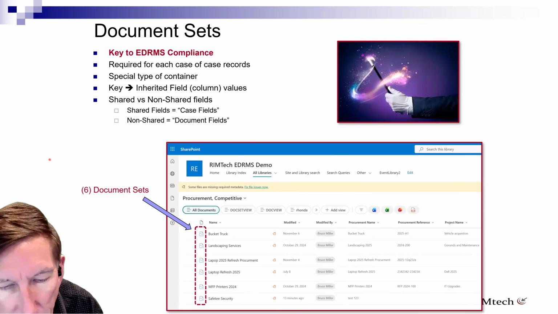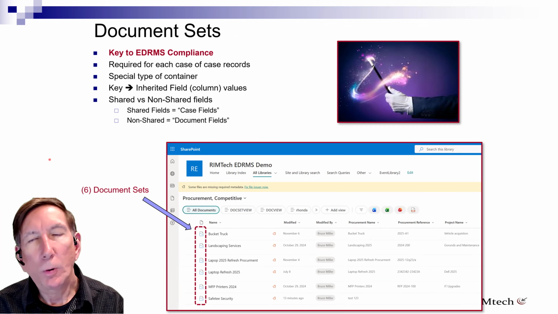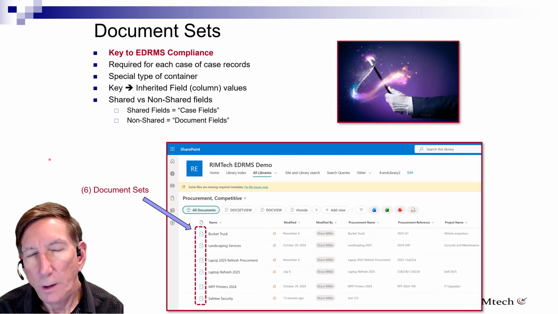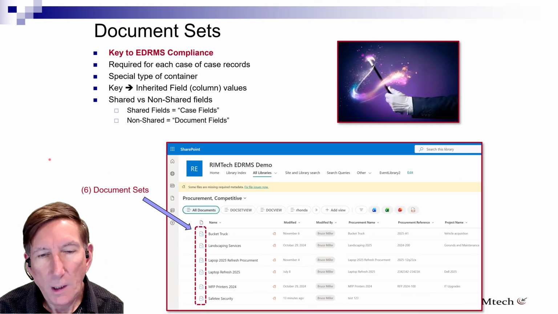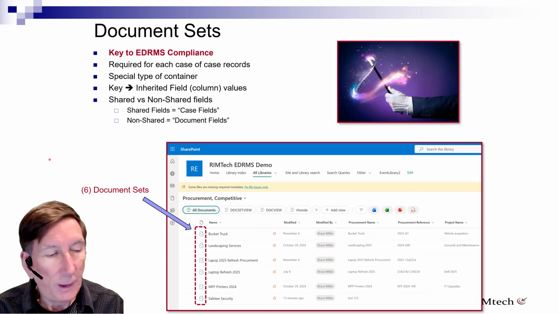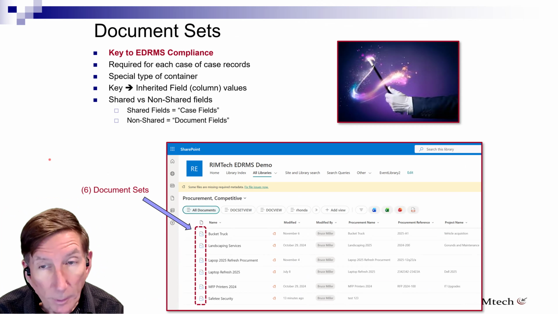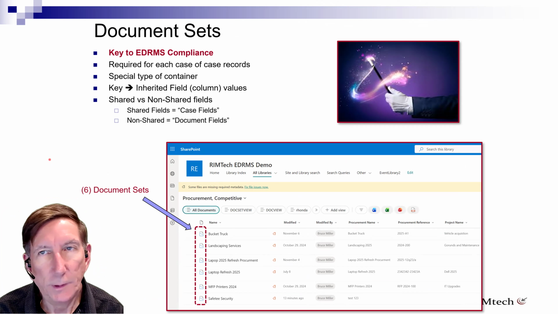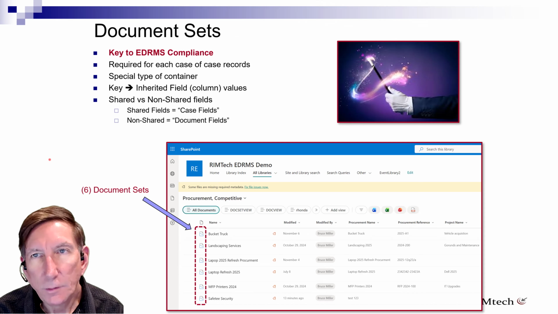Now, one of the most important aspects of SharePoint for EDRMS is an artifact called document sets. You must know what a document set is. I would go so far as to say you cannot do a proper EDRMS without document sets. It's the key to EDRMS compliance. Why? Because over 60% of your records are case records.